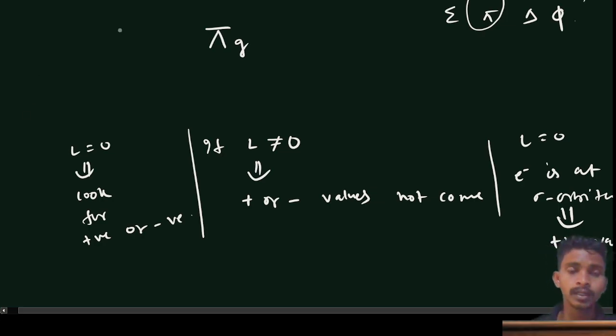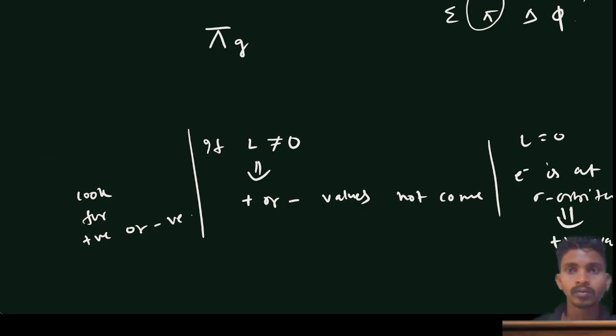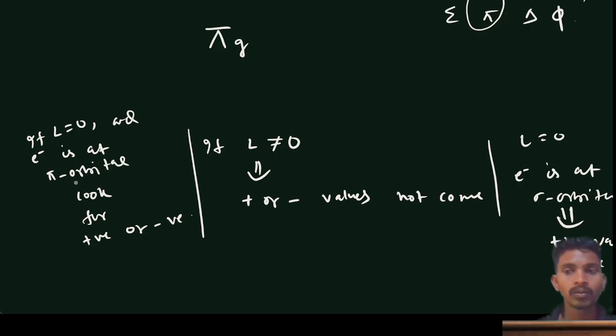So these are three things we have already discussed. If L equal to 0 and electrons are at pi orbitals, then look for positive or negative. If this is the 1, you have to remember this 2, this is 3.